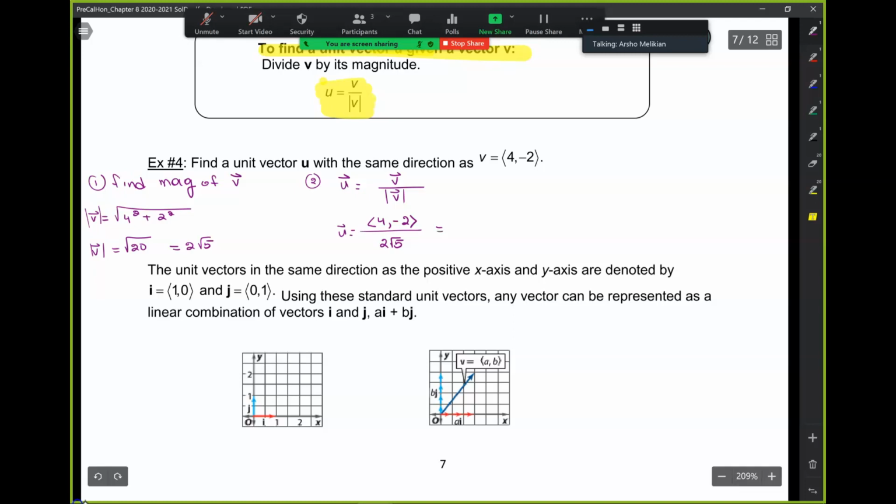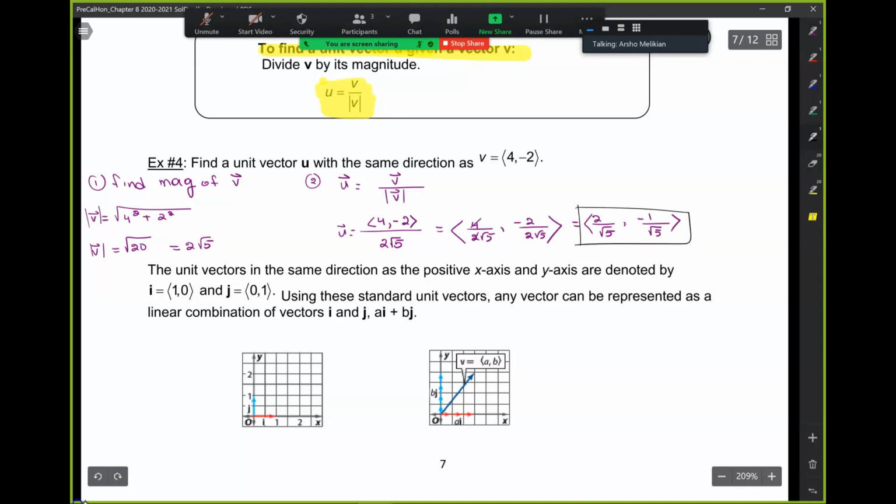So this one, it'll be 4 over 2 root 5, negative 2 over 2 root 5. So this will be, simplify, 2 over root 5, negative 1 over root 5. And that is your final answer.